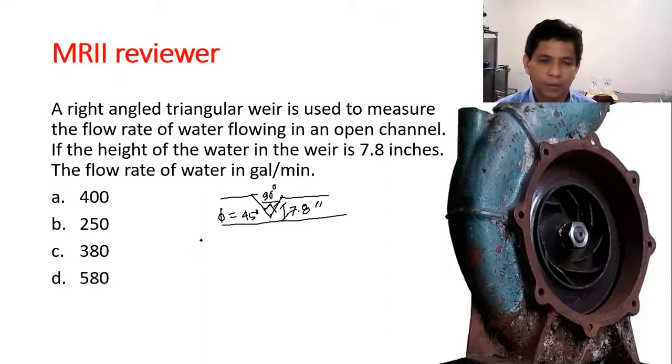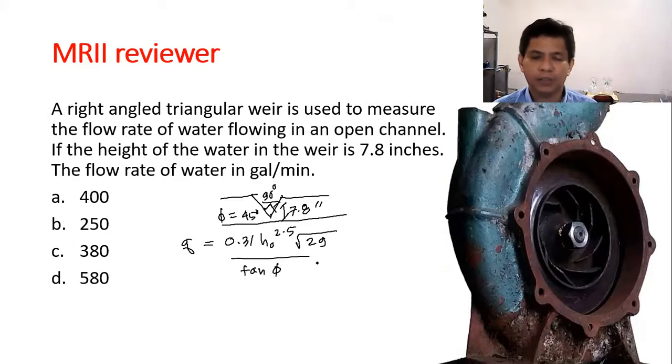If you recall our equation for flow rate for a triangular weir, that would be 0.31 HO raised to 2.5, then the square root of 2g, the acceleration due to gravity, then divided by tangent P. Make sure that your calculator is in degrees mode.